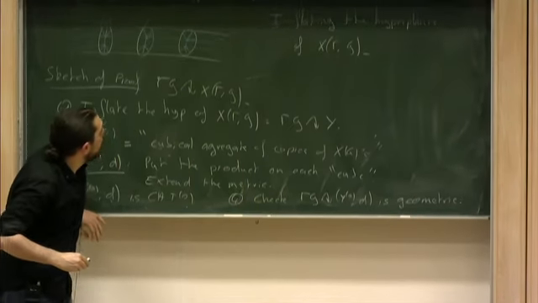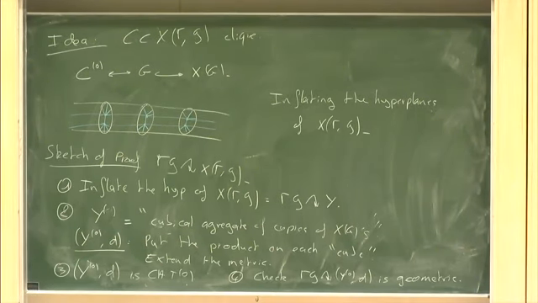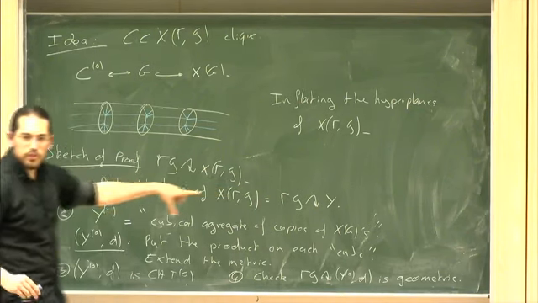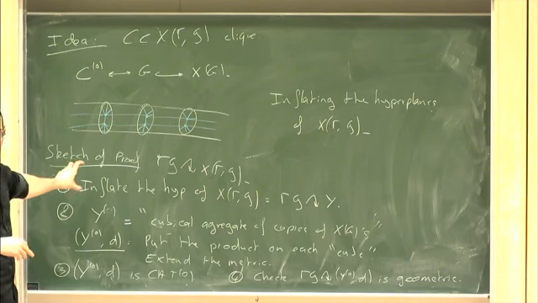So I have other combination results, but the arguments always follow the same steps. The first step is to construct an action on a quasi-median graph in such a way that on each clique you have a structure, here a CAT(0) metric.